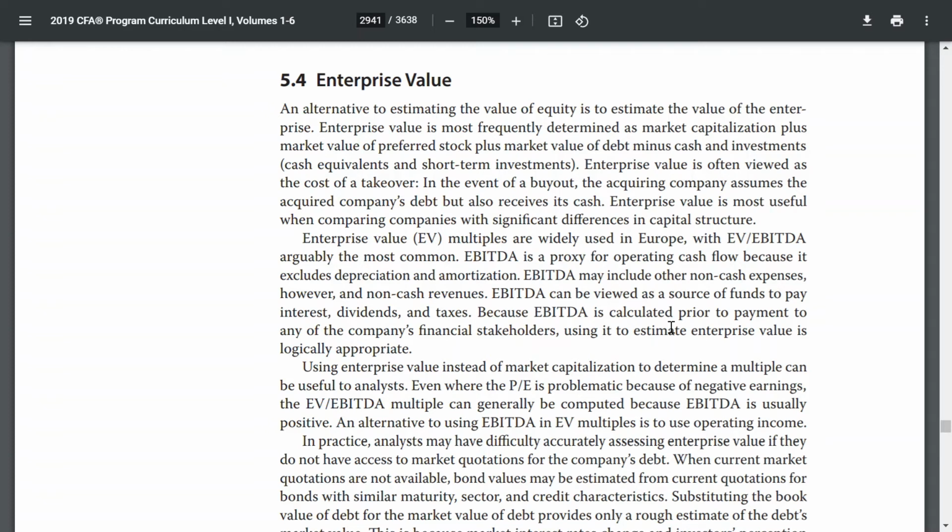Enterprise value, EV, multiples are widely used in Europe, with EV to earnings before interest, tax, depreciation, and amortization, EBITDA, arguably the most common. EBITDA is a proxy for operating cash flow because it excludes depreciation and amortization.